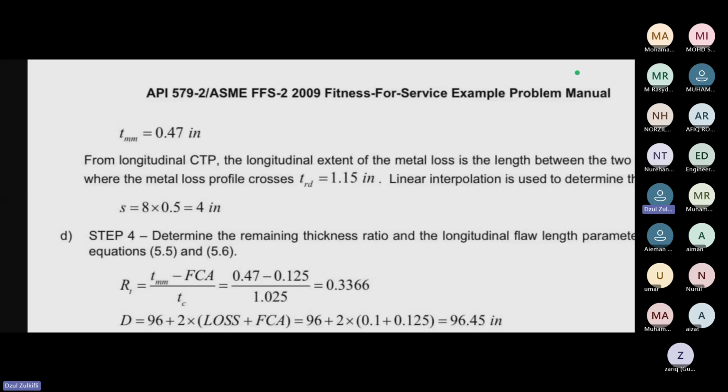I'm going to show the answer once anyone shouts out the first answer. Anyone ada the answer?